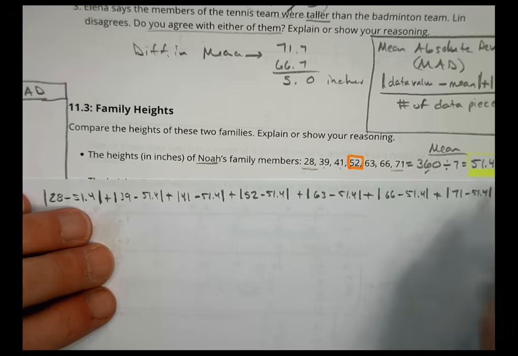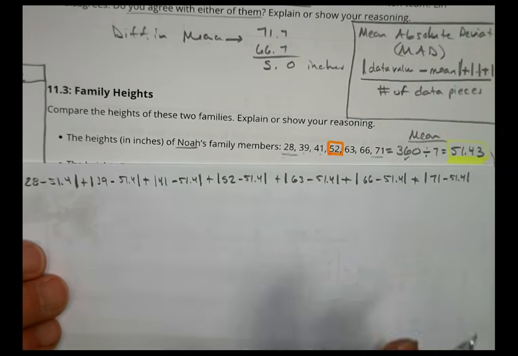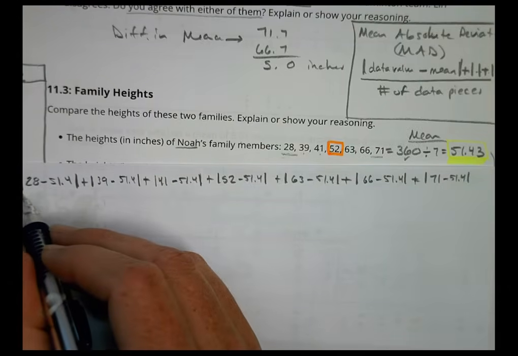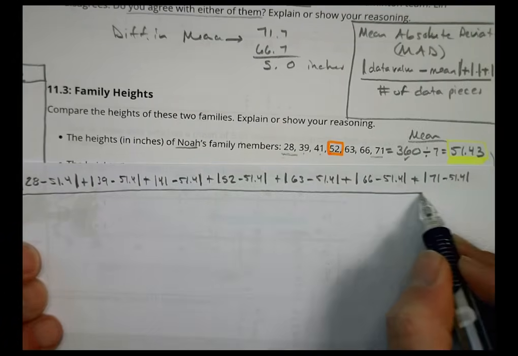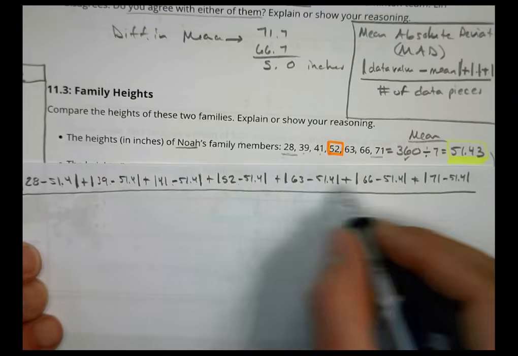I take all that and divide it by the number of values, which is 1, 2, 3, 4, 5, 6, 7.